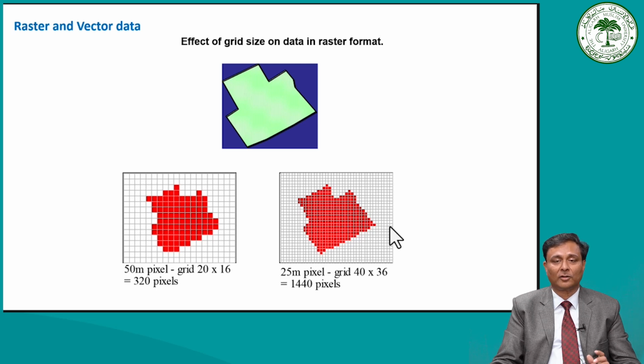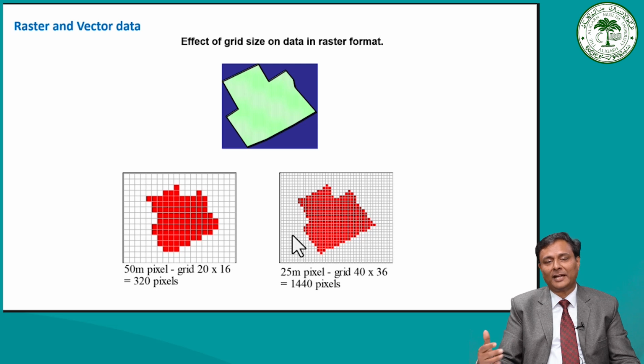Not only shape but also area calculation will give better results, and this simple exercise you can do on your own also. For example, as I have said, the raster data format is well represented by graph paper. So I will give you a task: take two graph paper.